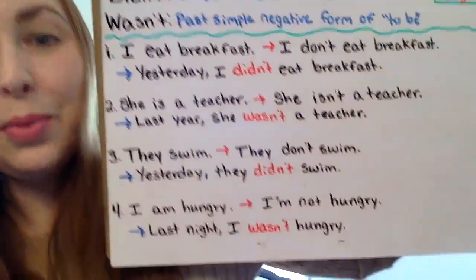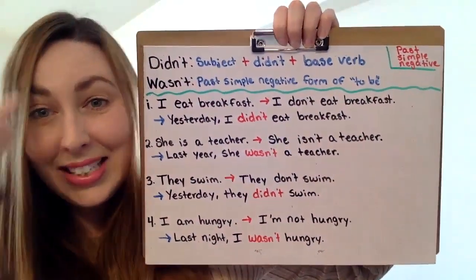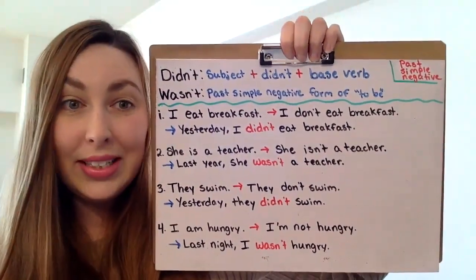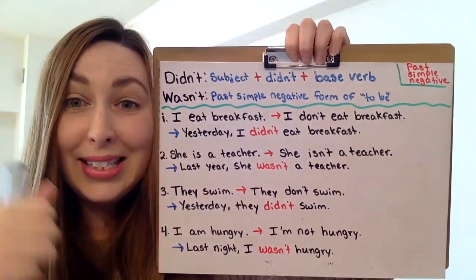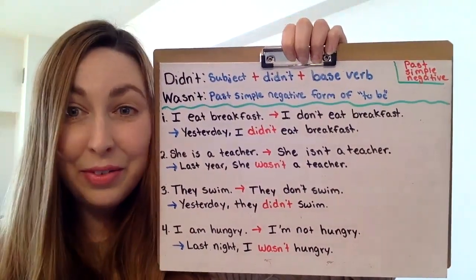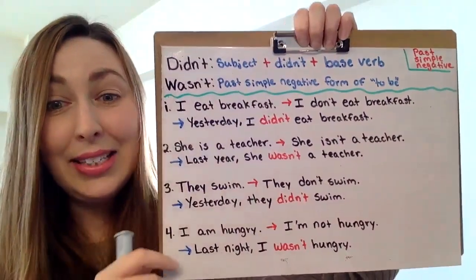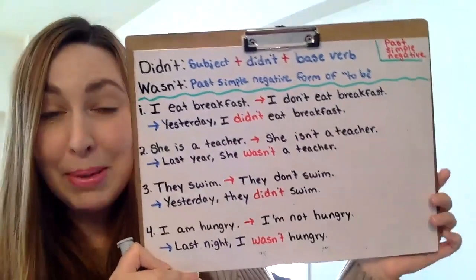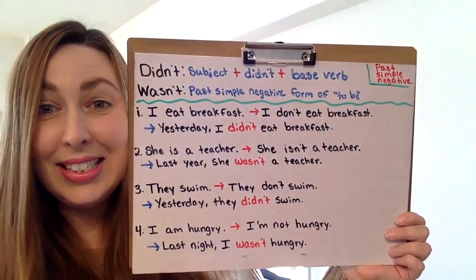All right, so didn't versus wasn't. Let's look at the differences. Hopefully it's going to be an easy lesson for you. First, what we need to know is that didn't and wasn't are both the past simple negative. Something happened in the past, and this is negative.